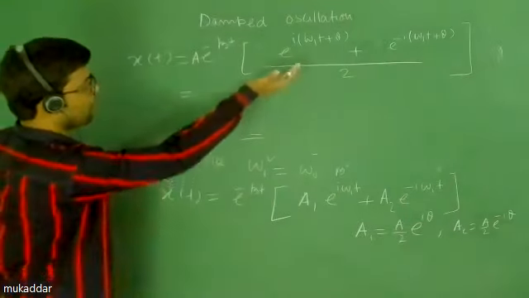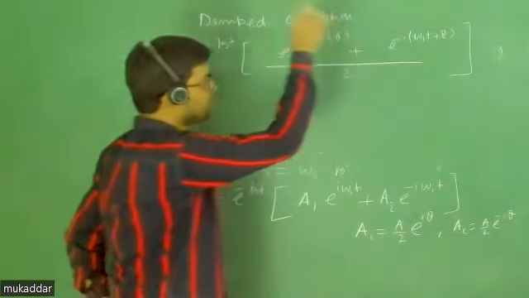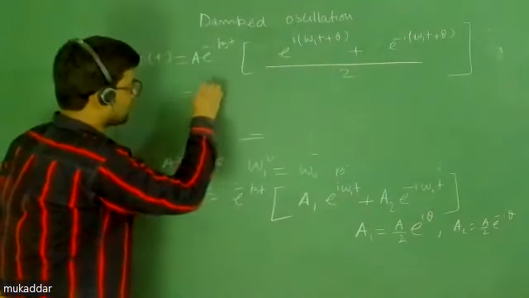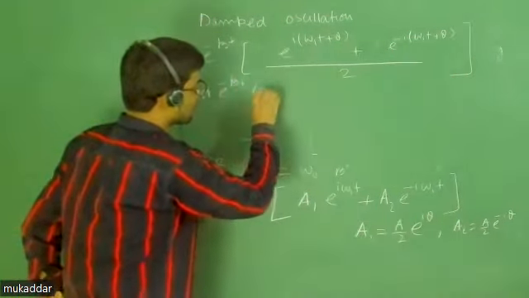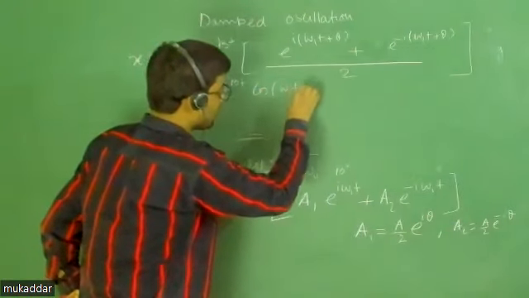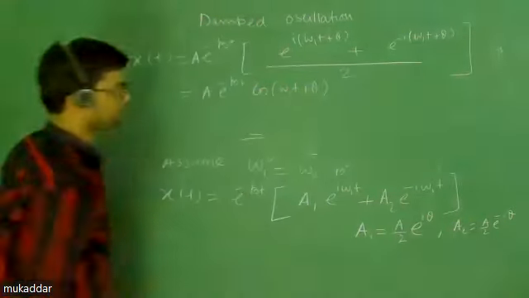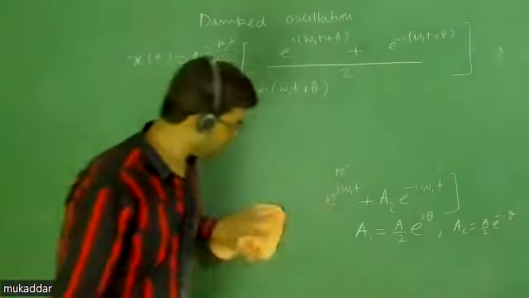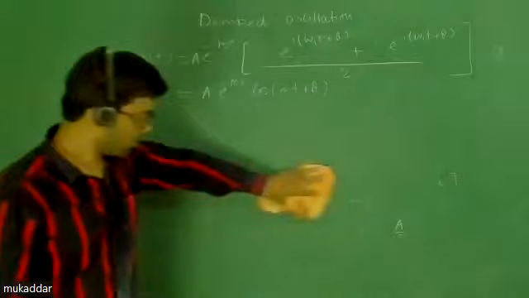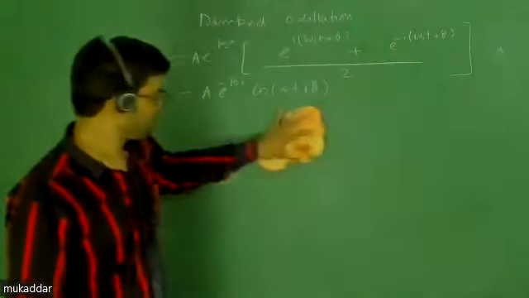Okay, now this is your cosine function, right? So now you can see you will have a e to the power minus beta t, and then cosine of omega t plus theta. Now tell me what you can infer from here.